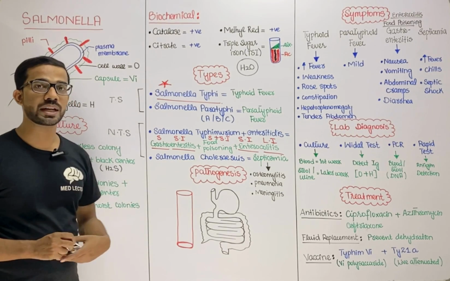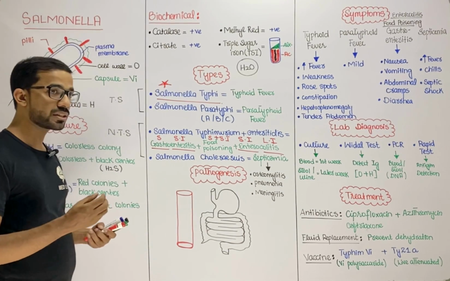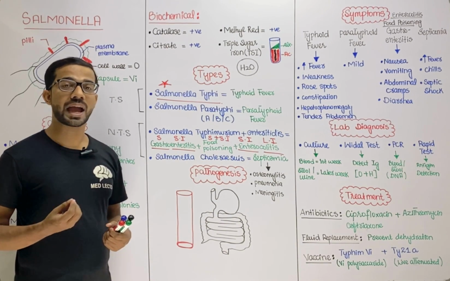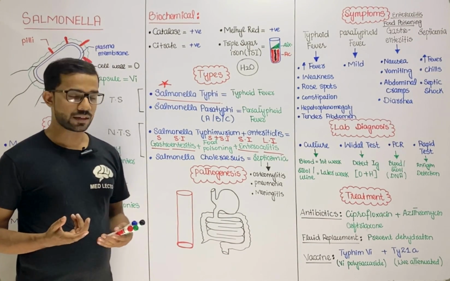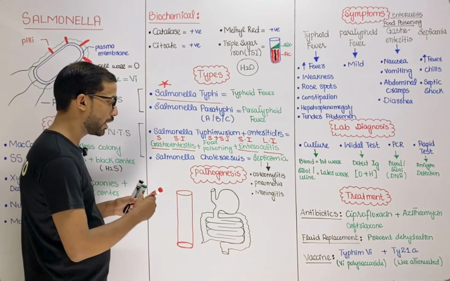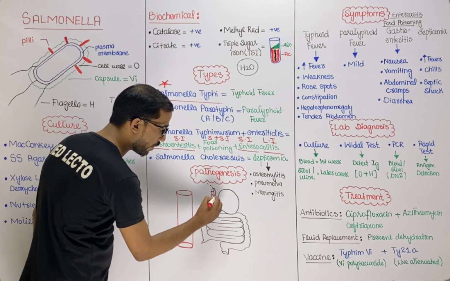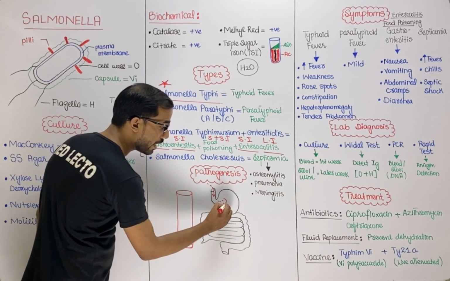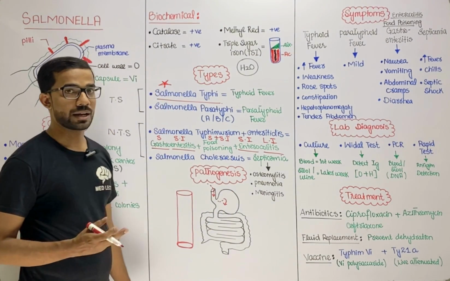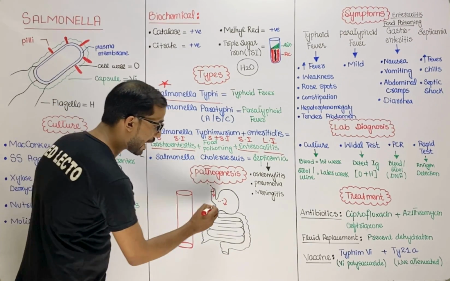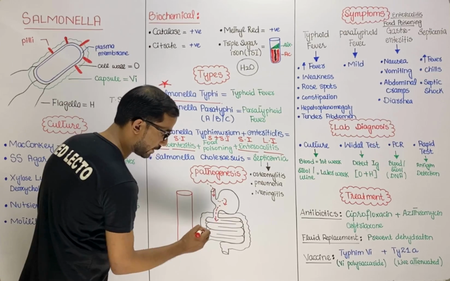Pathogenesis: how this bacteria enters our body. It enters through the contaminated food and water, raw eggs, and poultry like chickens or undercooked meat. So a lot of different sources, and it enters our stomach, but our stomach produces HCl, but it can survive the HCl and then enter into the small intestine.